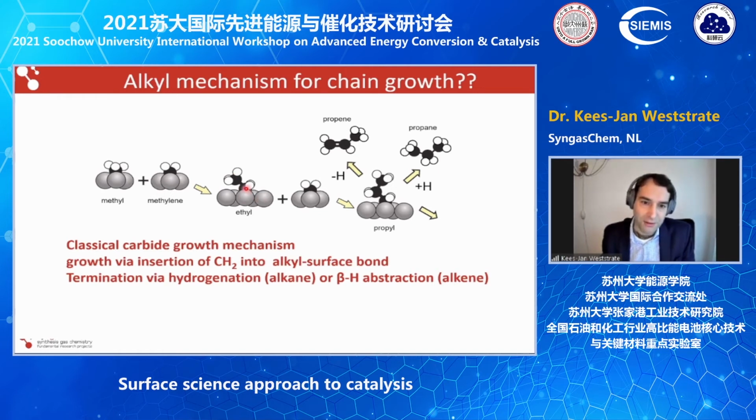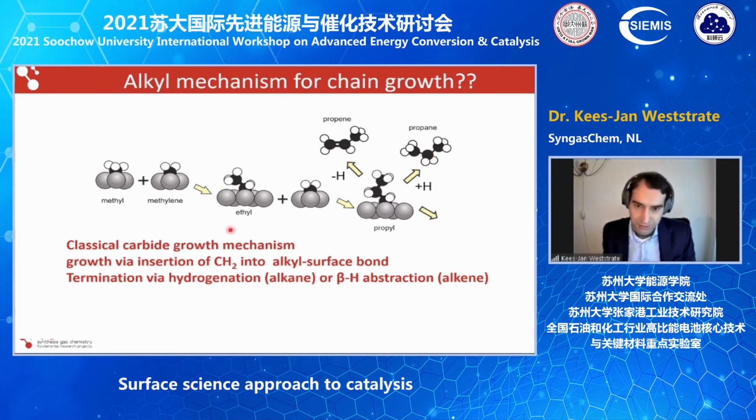Then from here, you can have another CH2 attached to it to make a propyl species, and it can go on like this. And it can also stop growing, and this can be in two ways. One of them is if you lose one of the hydrogens, then you will make a propene product, an alkene, or you can add a hydrogen, then you will make a propane product.